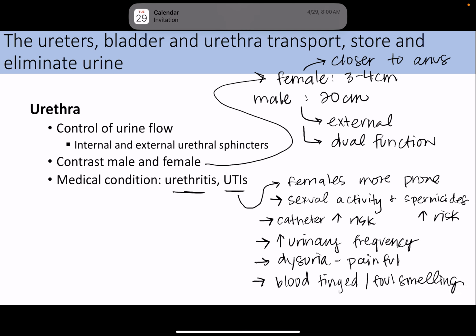Now, if you don't treat a UTI early, that UTI is just going to spread further and further up your urinary tract, and it can spread all the way up to your kidneys. And when it spreads to your kidneys, we call that pyelonephritis.